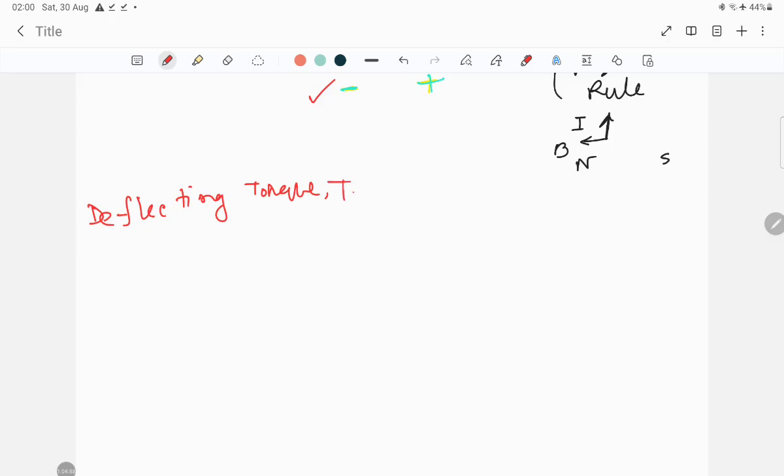Deflecting torque, TD. So TD is nothing but the force into R. Okay, so right now what will be the force? The force will be definitely BIL.